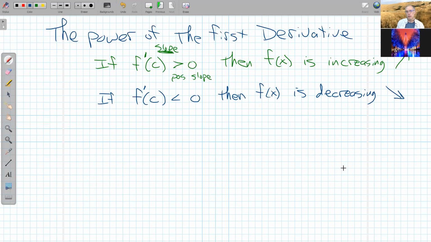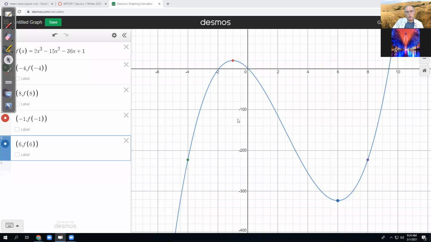Right, so heading downhill. And from the intermediate value theorem, if you go from positive to negative, so let's just graph the derivative here for fun.